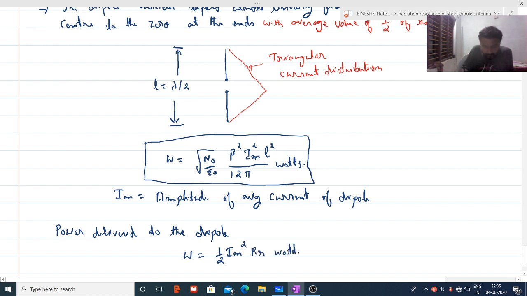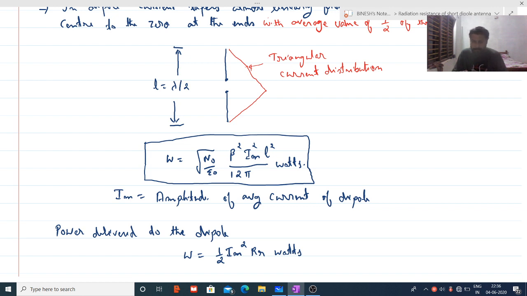This is the power delivered to the antenna, but the modified power is W equals root of mu naught by epsilon naught beta square Im square L square by 12 pi watts, after considering only the far field components. We got that as the power radiated by the antenna.